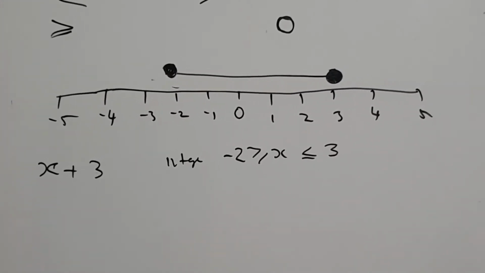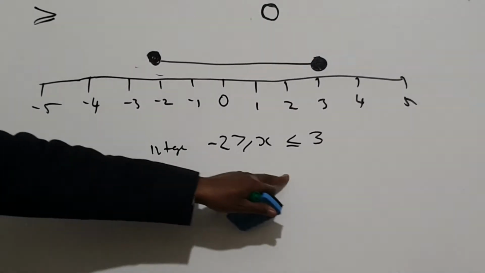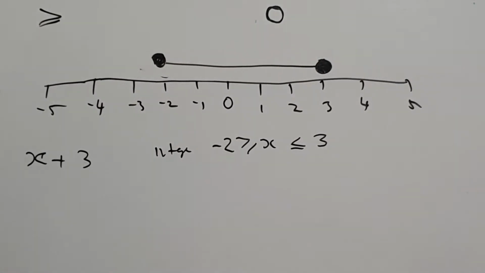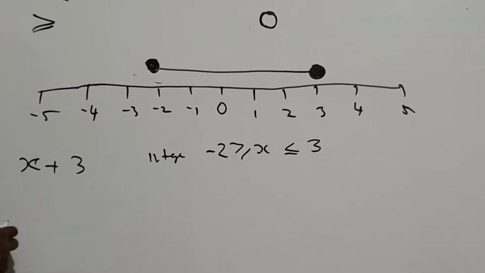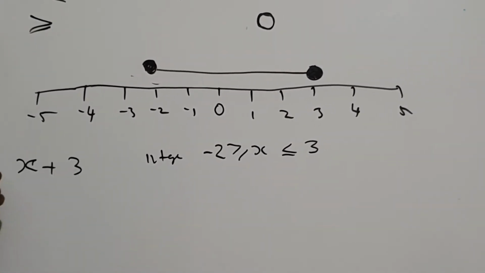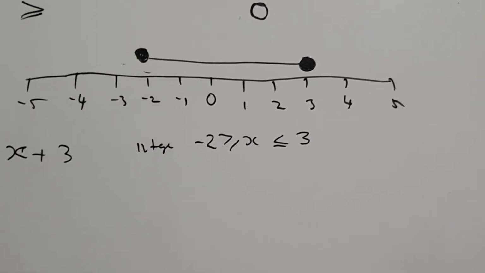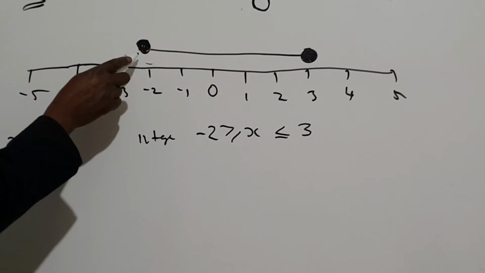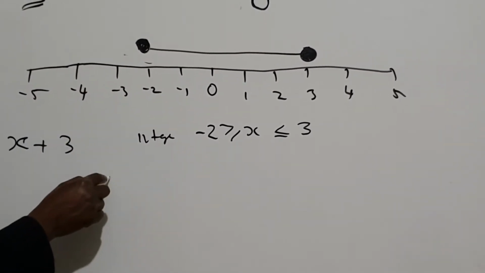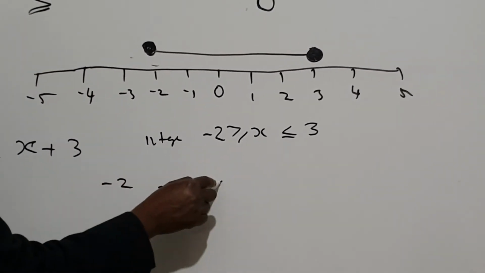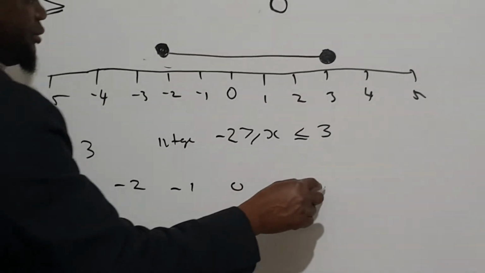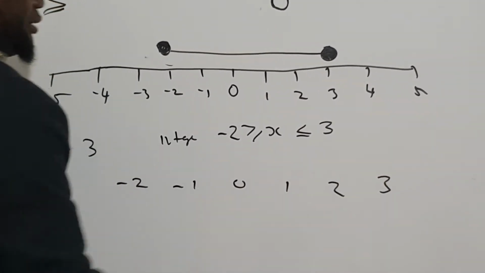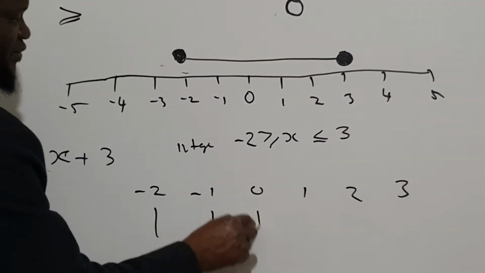They mean find the value of y within that range. So you are going to look at the values of x between minus 2 and 3. So minus 2, minus 1, 0, 1, 2, 3. So you are going to find values of y for that.